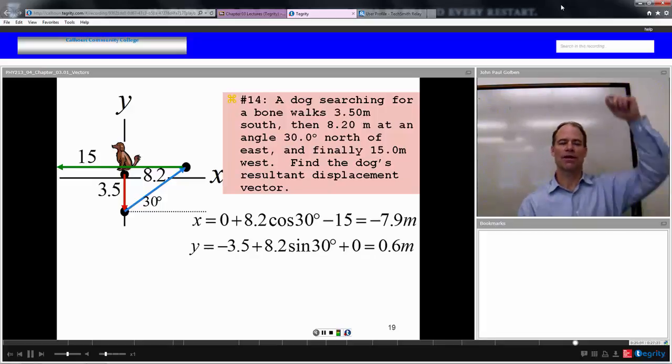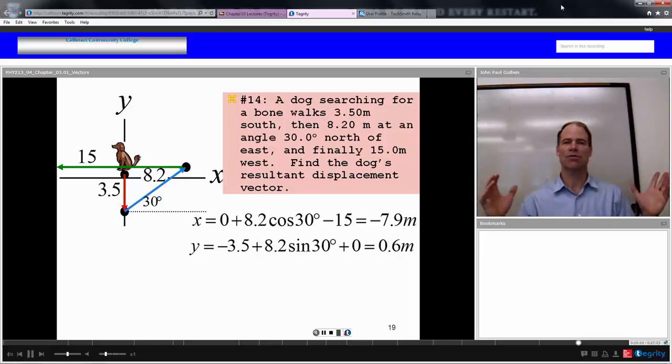I'm going a negative 3.5 for my first vector, then I'm going up 8.2 times the sine of 30 degrees, and then my last vector has no y component. I could think of it as 15 times the sine of 0 degrees, and that would be 0. So I have a 0.6 meter y component. So my ultimate resultant components are negative 7.9 and 0.6 meters up.